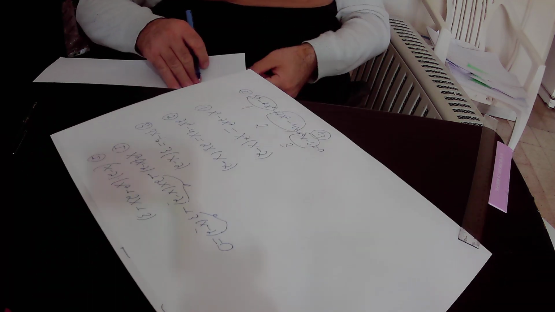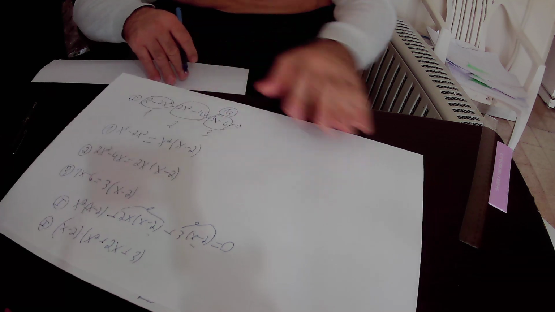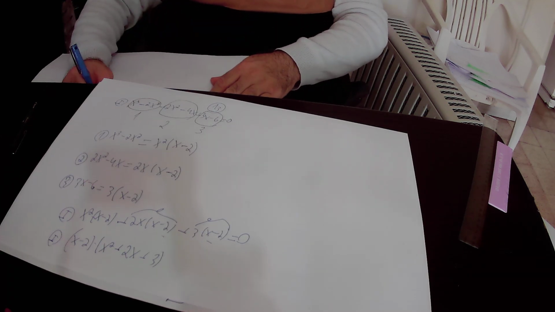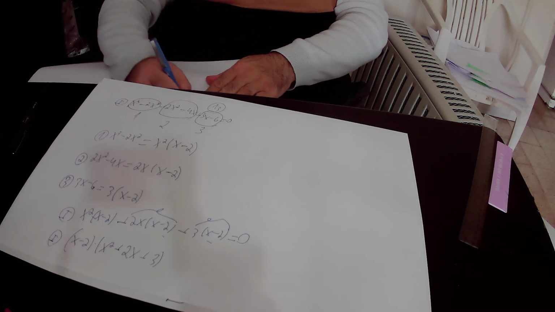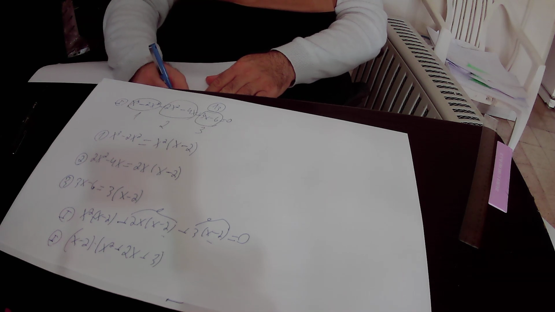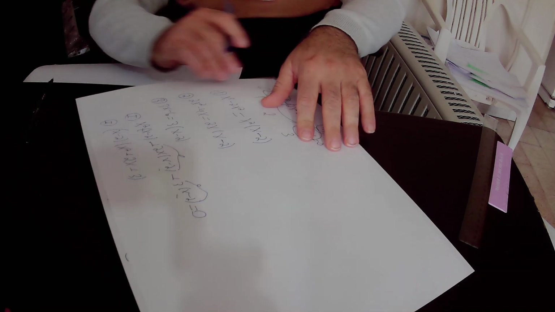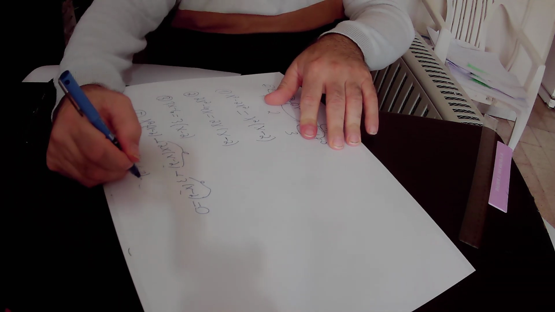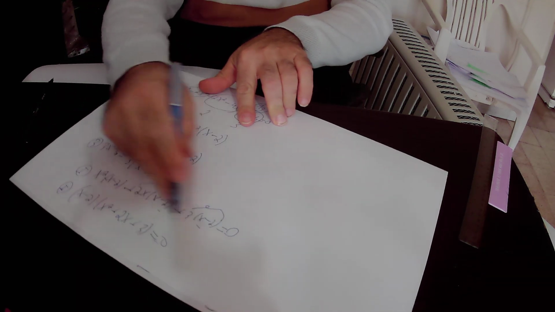Equation number 1 states that (x minus 2) times (x squared plus 2x plus 3) equals 0. I forgot the 0 here. It equals 0, as you can see.